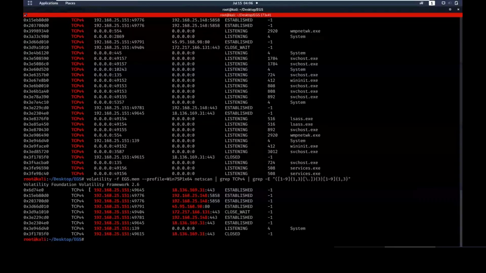So I have a few network connections. If I go up, you can see the information we have: protocol, local address, foreign address, state, and the owner, which means which process created that network connection.